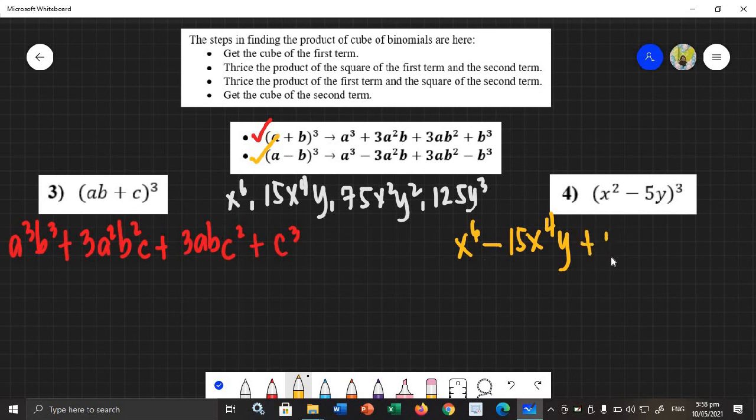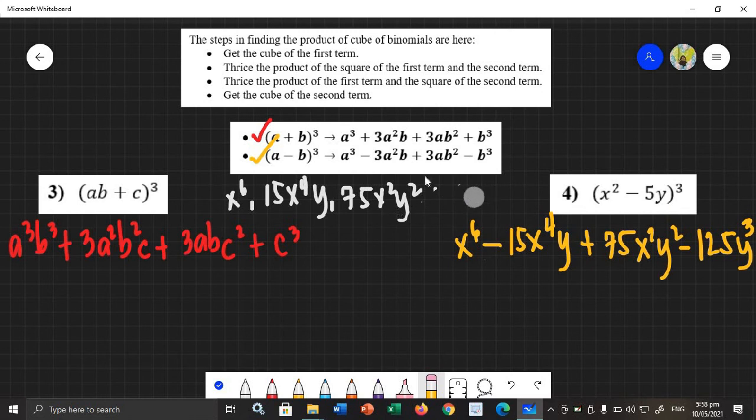So we have plus 75 x squared y squared, and then negative, the last term, minus 125 y cubed. So that is the product for example number 4.